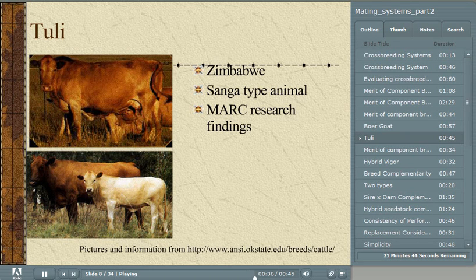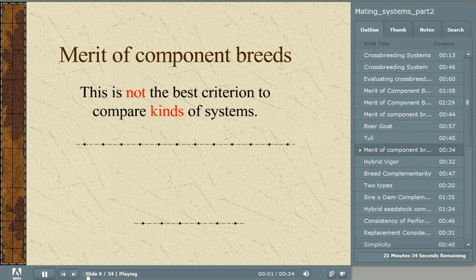But again, originally they were hard to find animals, even though we knew they would produce a superior product and a heat-tolerant product in a good crossbreeding system. Now, with that said, choosing the right breeds is going to apply to any crossbreeding system you decide to use. And so it's probably not the best criterion to compare different kinds of systems.